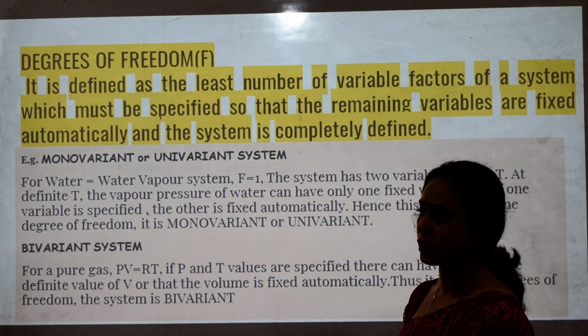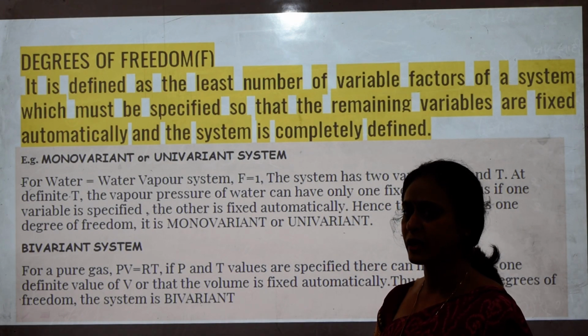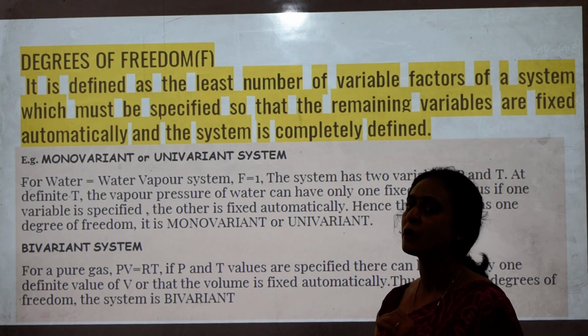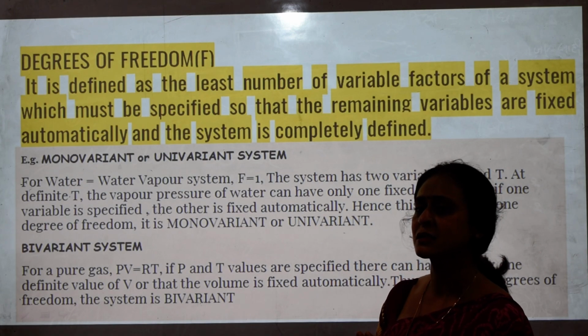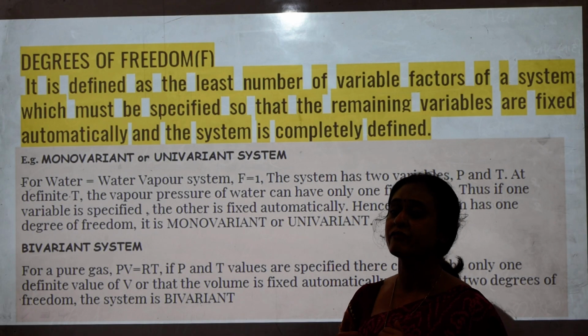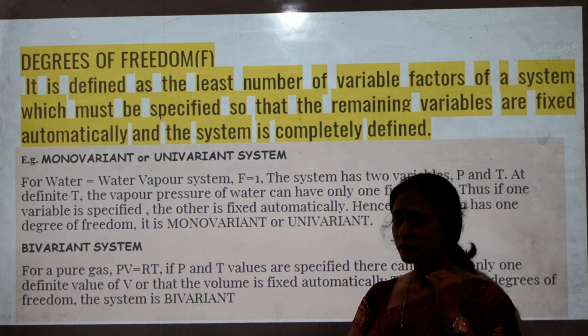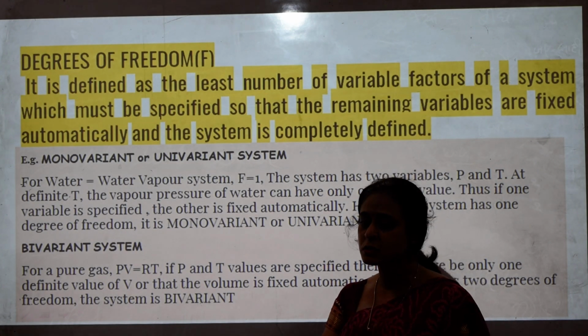Degree of freedom means what? कि कितनी हम उसको liberty दे सकते हैं कि वो deviate कर दे. Least, यहाँ पर हमेशा least की बात करते हैं. Least number of component, least number of variable factor that has been required to explain that particular system.